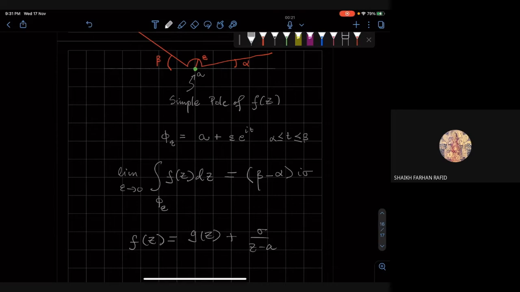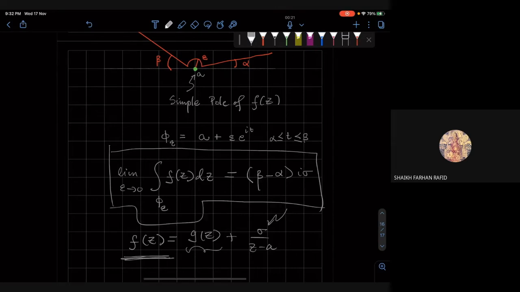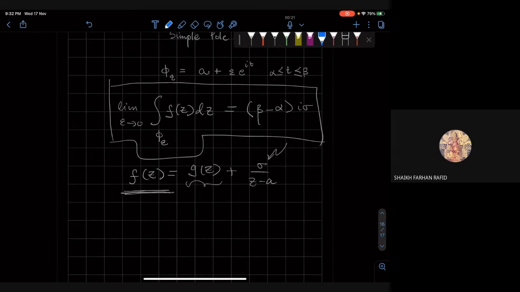What we're saying is that we're expanding f of z around the singular point, and the non-singular part of that function we're calling g of z. And the coefficient of the singular part, the residue essentially, is sigma. So we can show that this is true. This is a very simple result, and you can show this very easily.